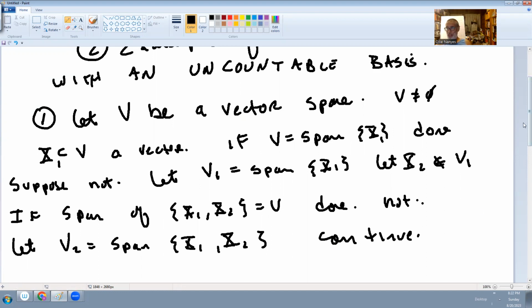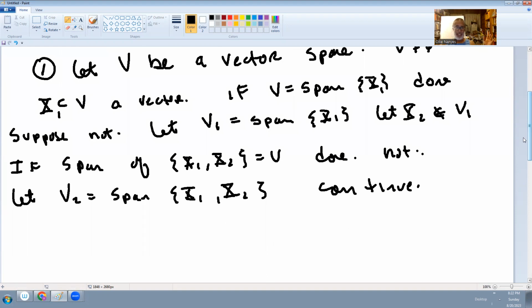Now, this is technically an induction kind of operation, because what you're really going to be doing is repeating this process possibly infinitely often, possibly an uncountable number of times. So as you continue on, you let V sub alpha, where alpha is some ordinal.